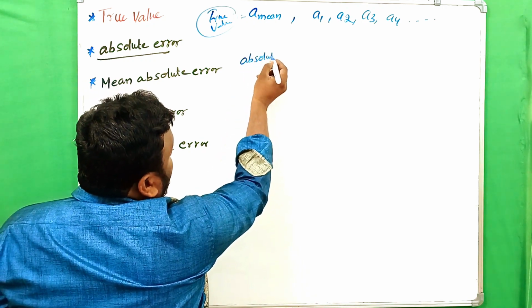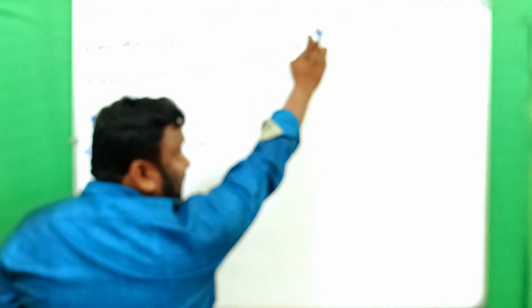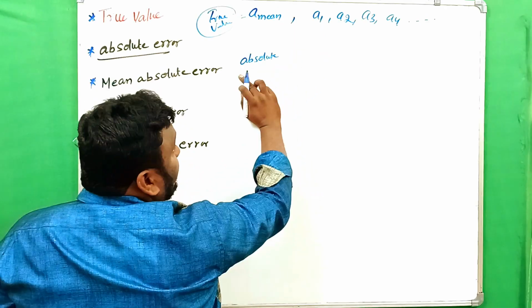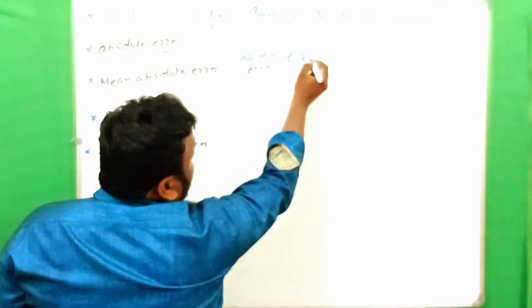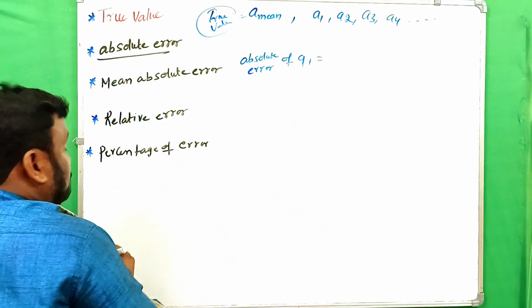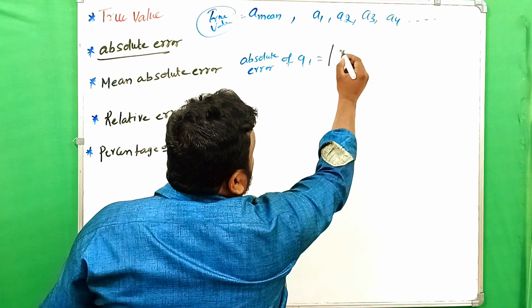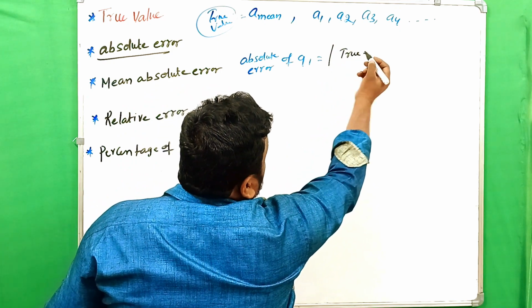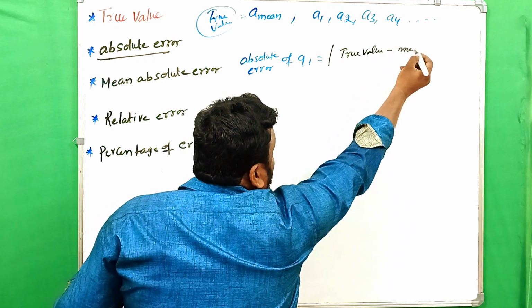Now first I want to write the absolute error. We measured the value A1 using some instrument, and during that we got some error. The absolute error of A1 is equal to the mod of true value minus measured value.